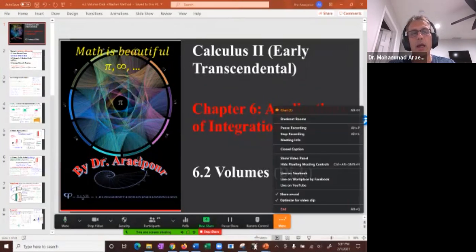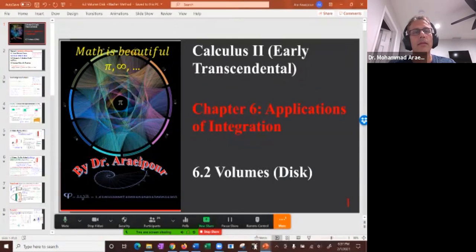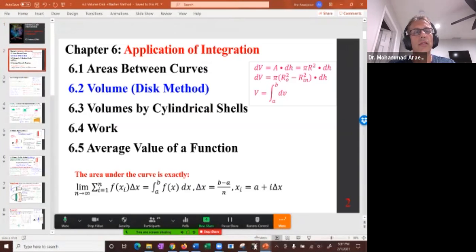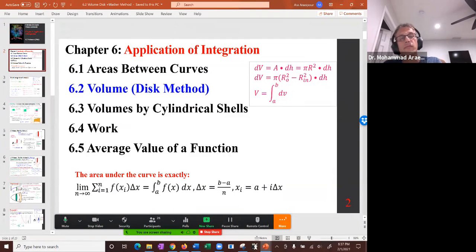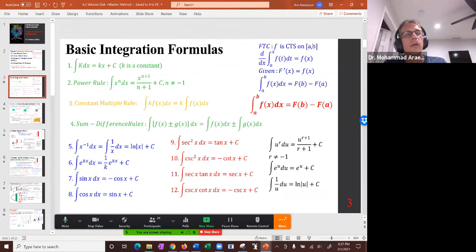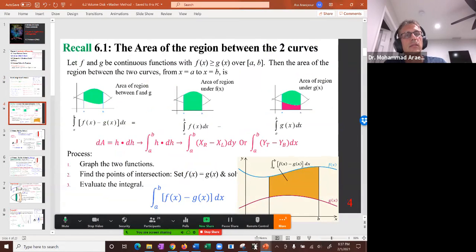So in this section, we are looking at the disk method to find the volume of revolution. Basic integration formulas, as well as the previous section, the area of the region between two curves, were discussed.